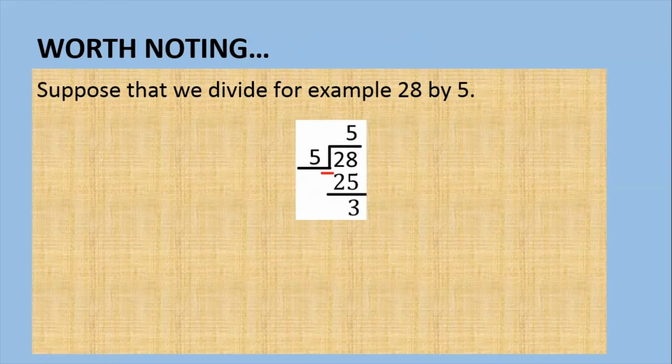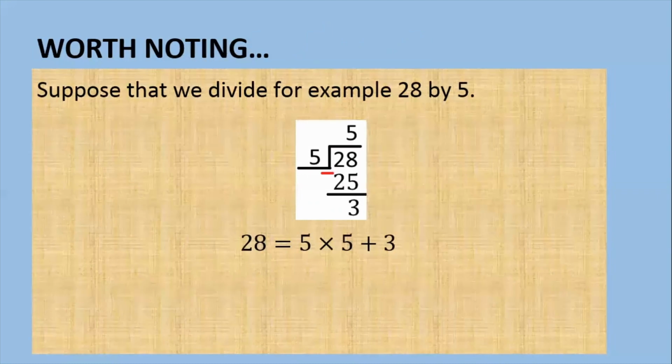Therefore, I have 5 in 28. So I put the 5 here. And 5 times 5 is 25. And then you will subtract, so 28 minus 25 is 3. So we can say that 28 is simply 5 times 5 plus 3.